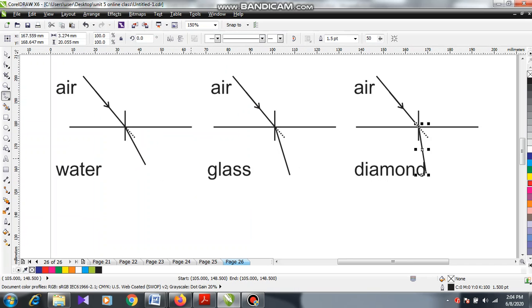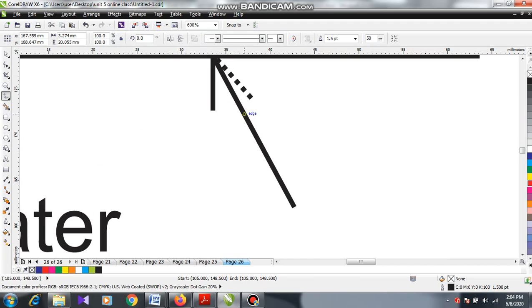See the bending here: 1.3, the refraction is low.